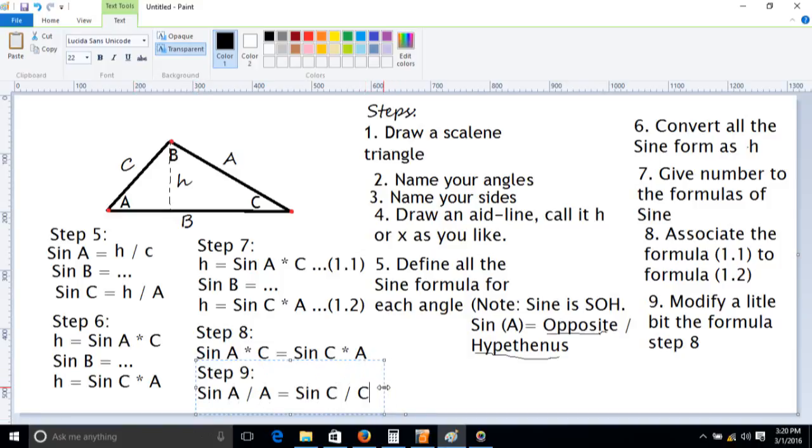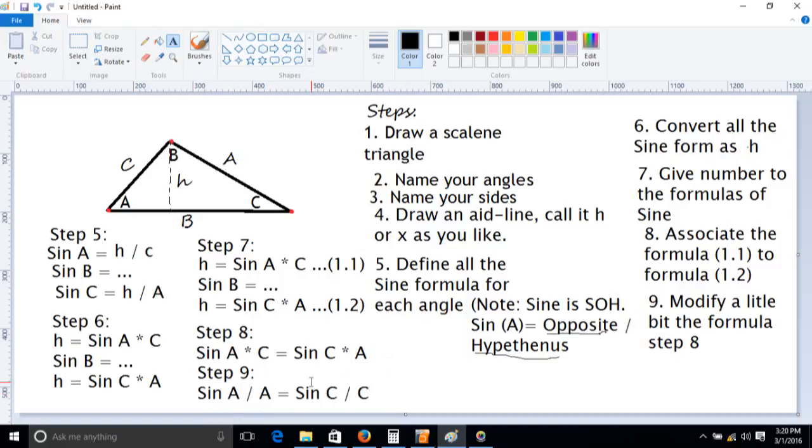Yes, we can make that. So now we have sine A over A and sine C over C. What about sine B? To find sine B, we need to adjust the triangle a little bit. We move all the labels to the place next to the side.